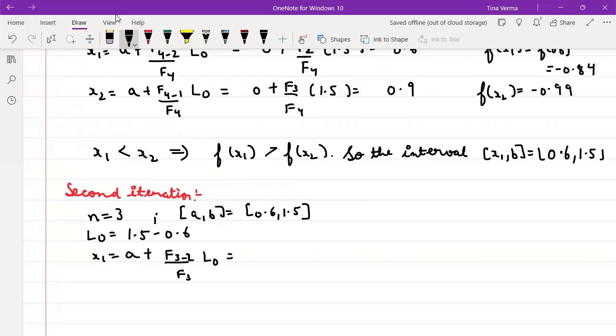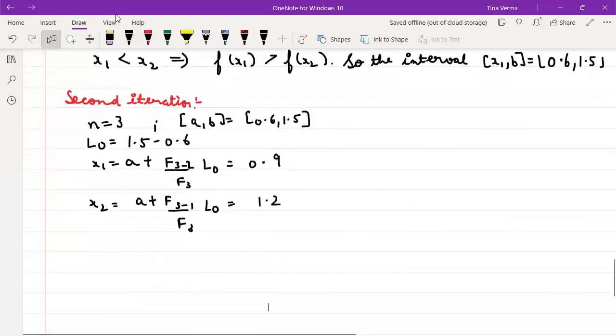So this is coming out to be your 0.9, and x2 is a plus f3 minus 1 by f3 into L naught. This is coming out to be your 1.2, right?